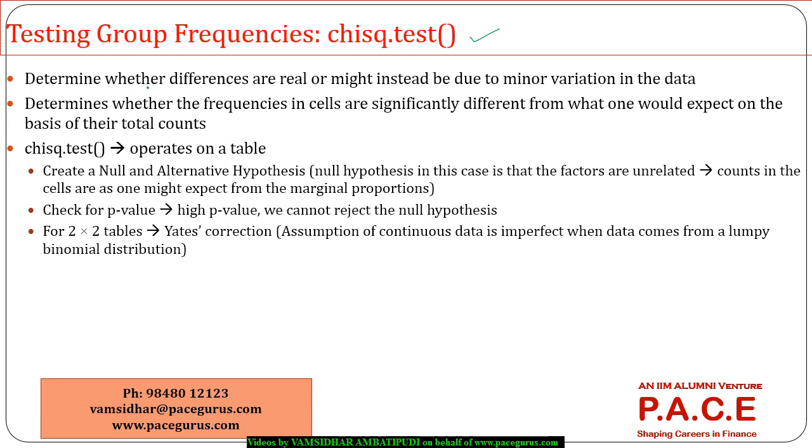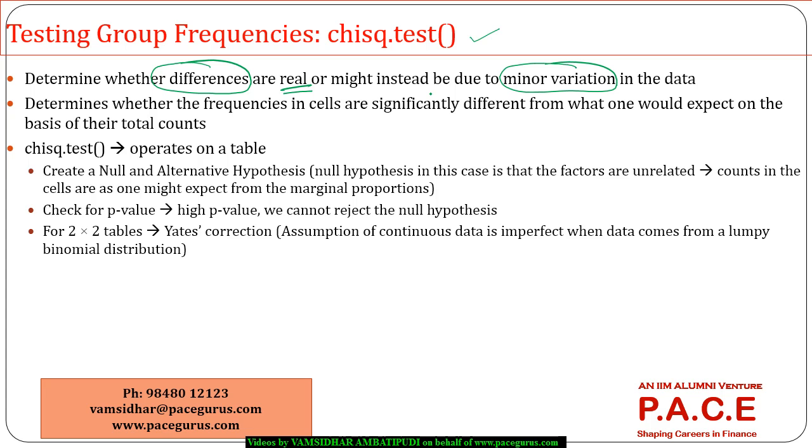The major point when I'm talking of a chi-square test is primarily to determine whether the differences that we observe between the groups are real or just because of some kind of sampling error, otherwise called some kind of minor variation that is present in the data, which means whatever differences you are observing across the groups.